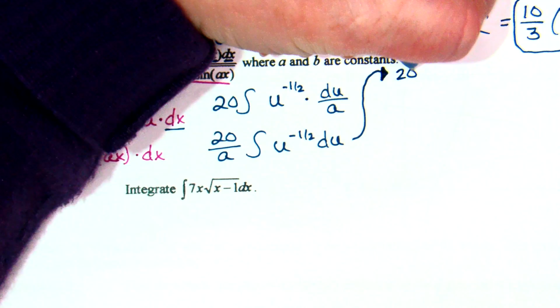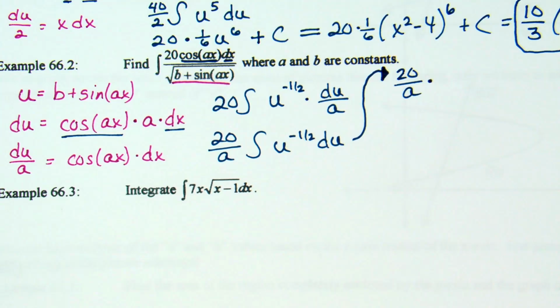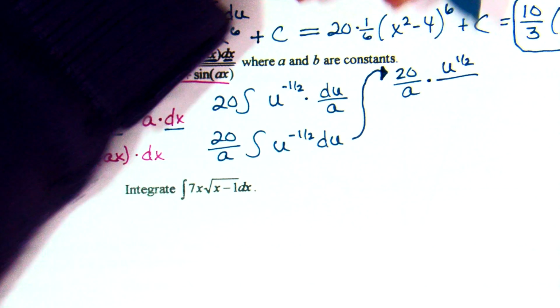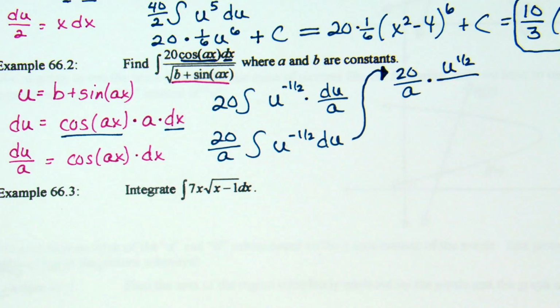Still 20 over a. What's the integral of u to the negative 1/2? You can think that way. Okay. If you add 1, I'm going to write it differently for the moment. It's u to the positive 1/2, right? And then what do we officially do? We divide by that new power of 1/2.